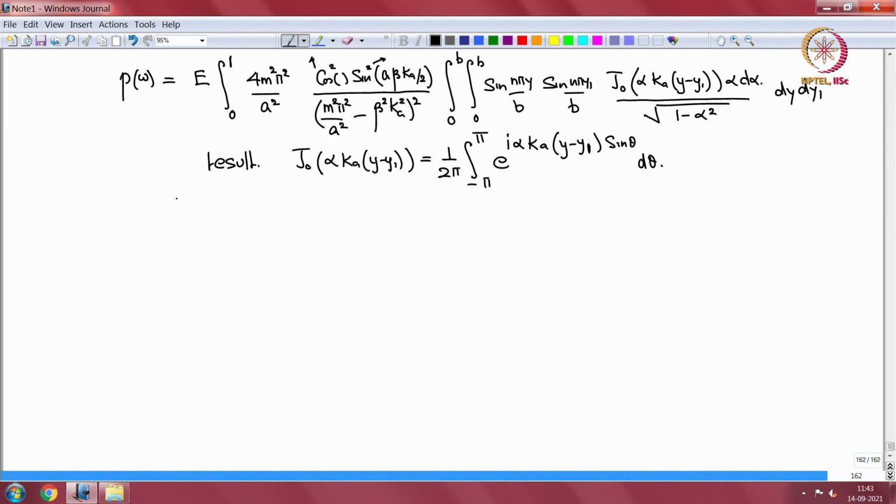So what happens to our result? We have this 1 by 2π coming in.